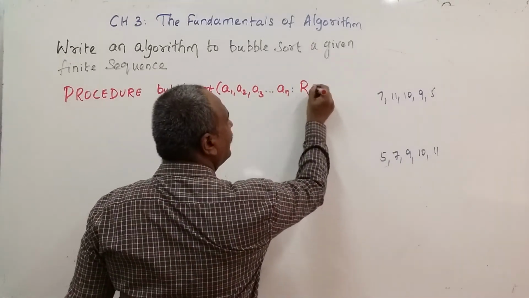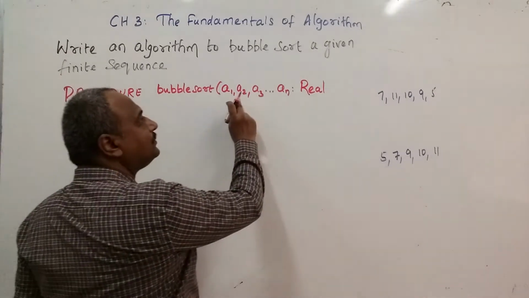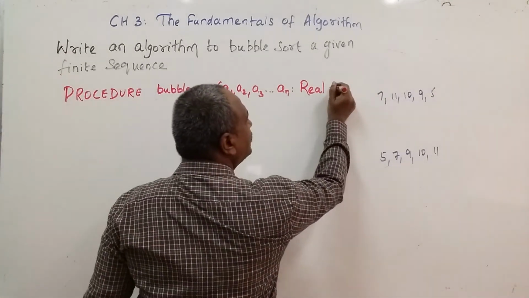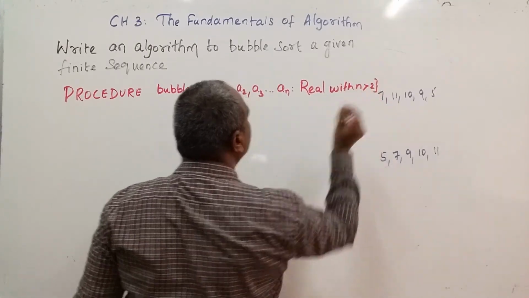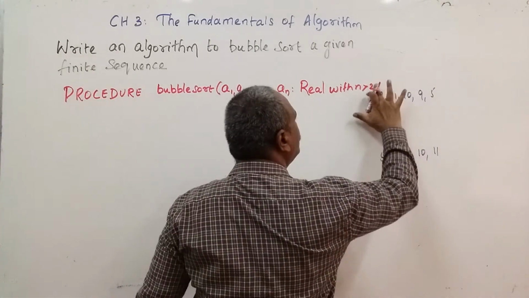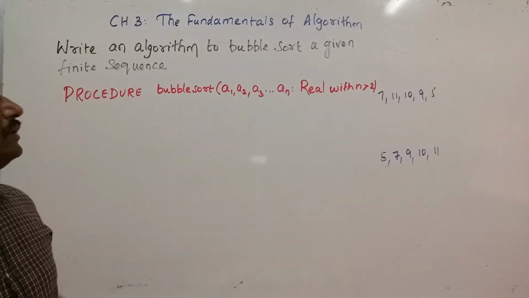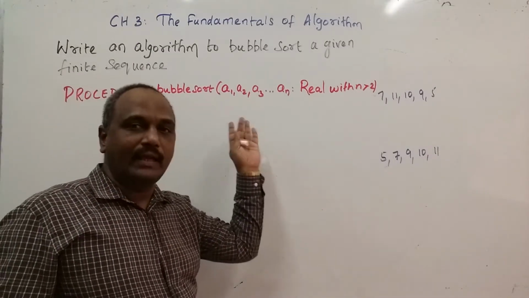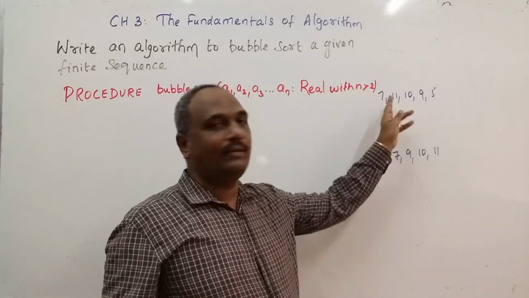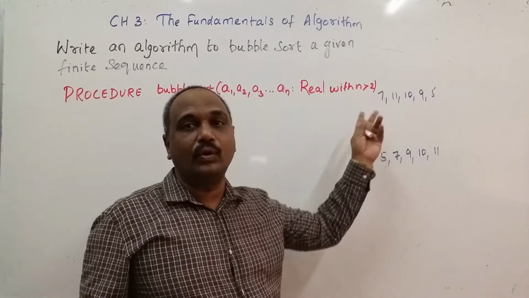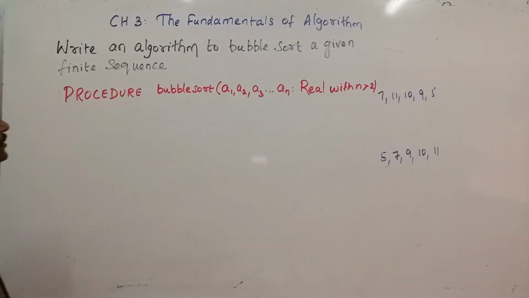These are all real numbers with n greater than 2, because we need at least more than 2 numbers to make the bubble sort. If we have 3 numbers, then we can start making the bubble sort. Because if I have only 2 numbers, 7 and 11, we can compare directly. There is no need of sorting. We can make the comparison and complete the answer.